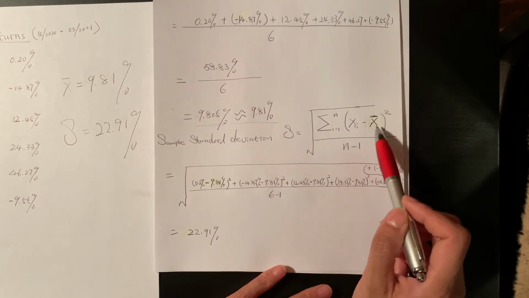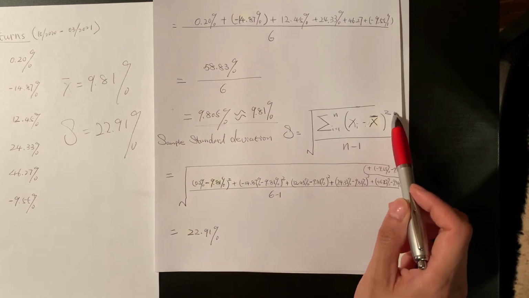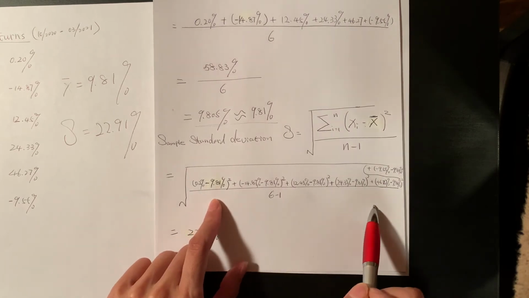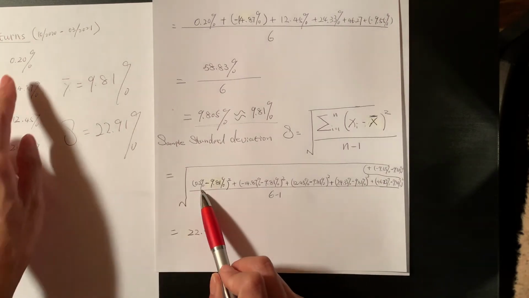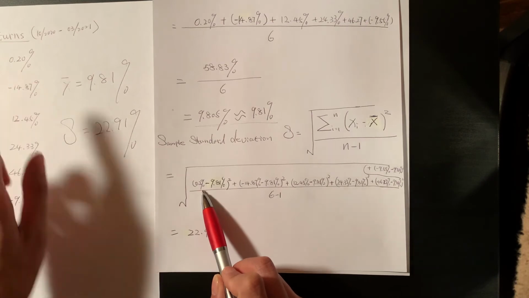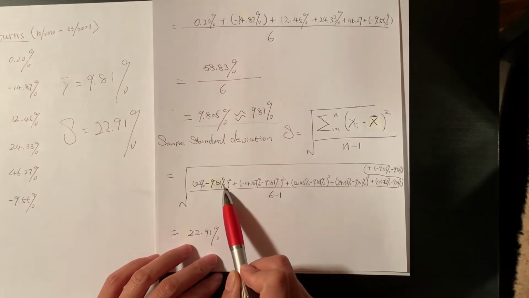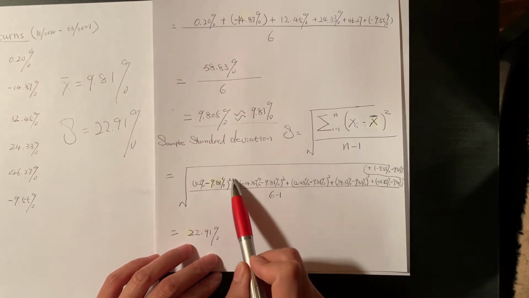For the first one, it is 0.2% minus the mean, 9.81%, and then you square this.